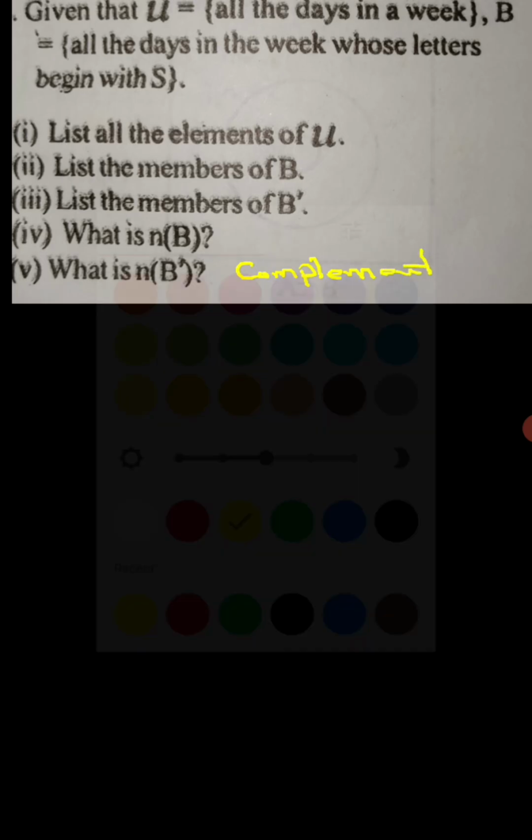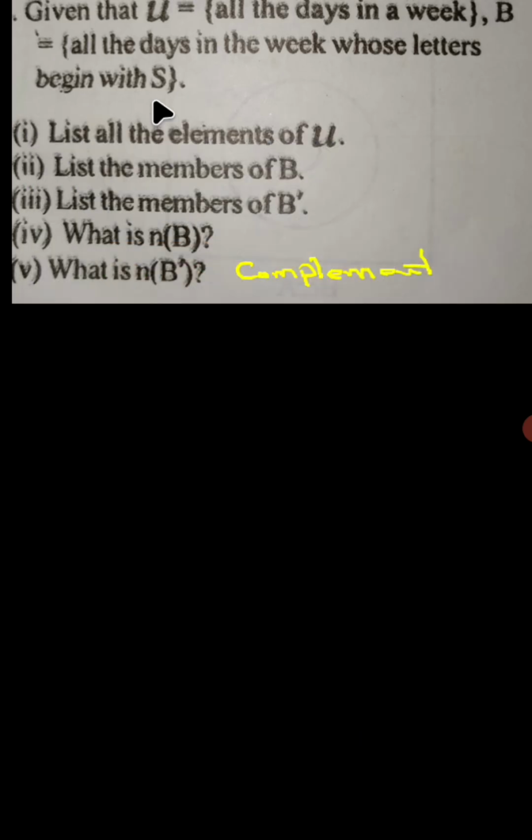So, complement of set B. Given that the universal set is all the days in a week, we're just going to use the individual letters, or maybe three letters, so that we can identify them.